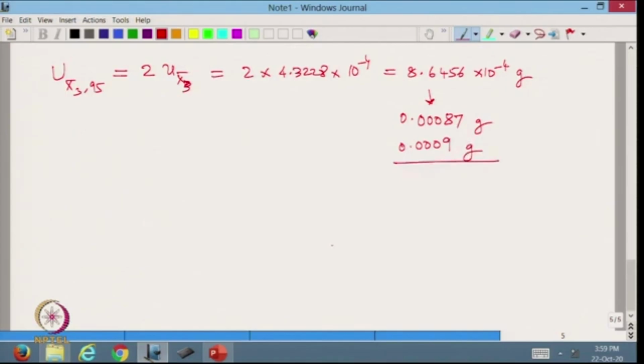Either of those would be okay. So, that completes our solution and we got the answer that we were looking for.